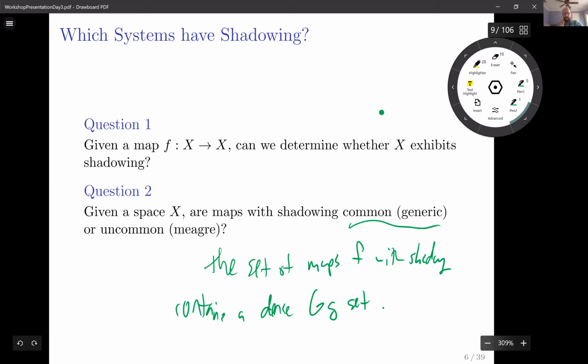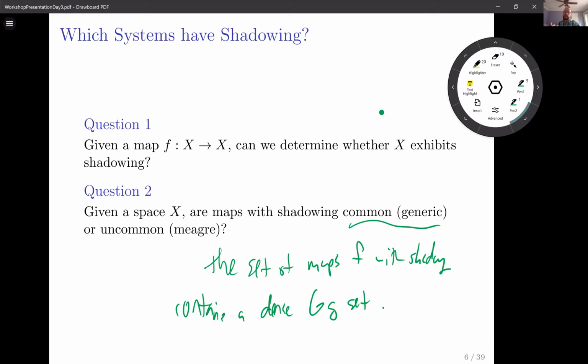Let's recall really quick what it means for a set to be dense. In order to really talk about this, we need to have a topology on the space of functions. We'll talk about that in a second. We want to know whether the set of functions with shadowing is dense, which is to say that in any neighborhood of functions, there's at least one map with shadowing in it. And we want it to contain a dense G delta set.